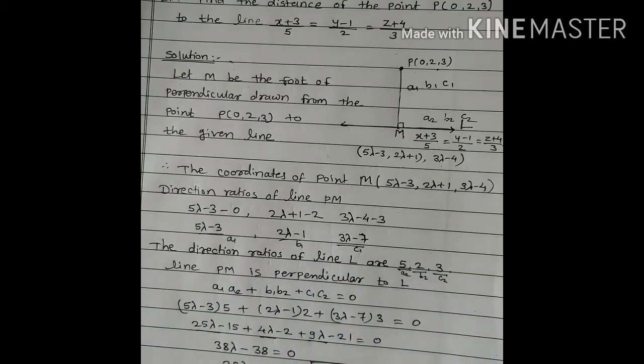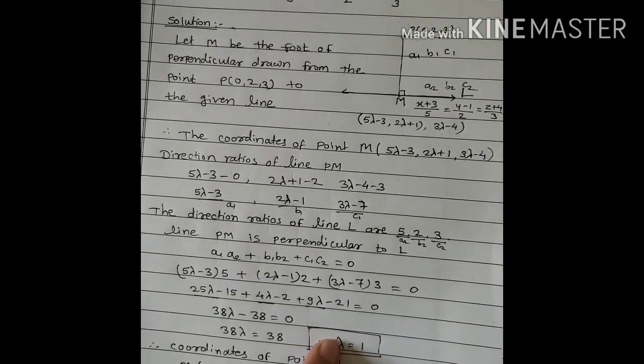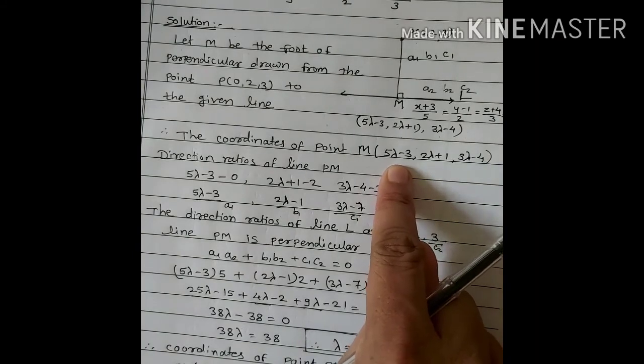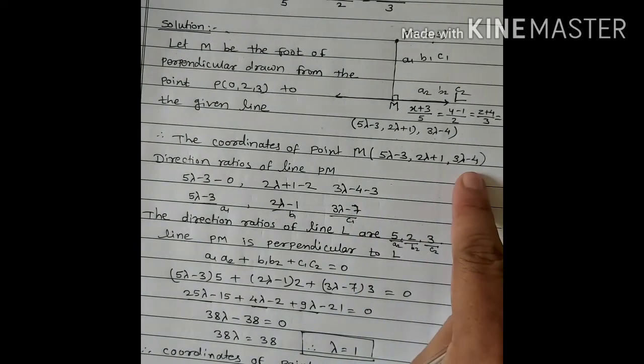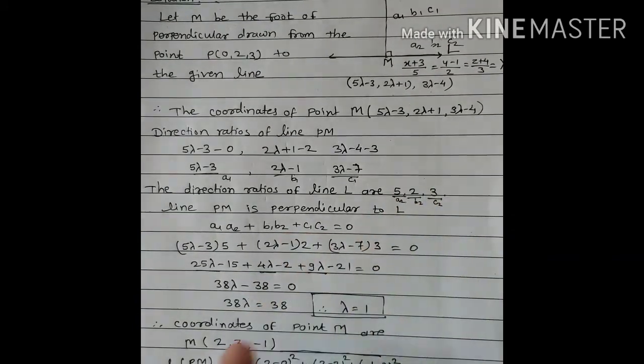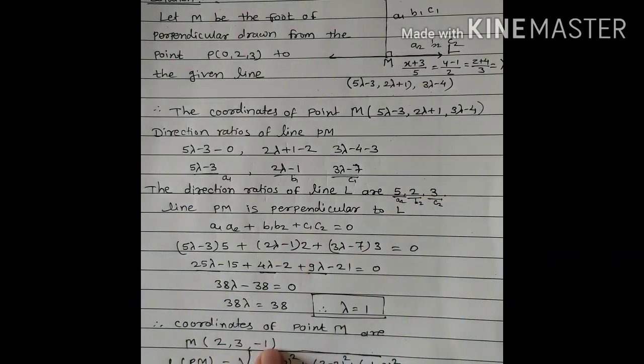After solving this, we obtain the value for constant lambda, that is lambda equal to 1. After getting lambda, find the coordinates for point M. Substitute lambda equal to 1. We get coordinates of point M as 2, 3 and minus 1.